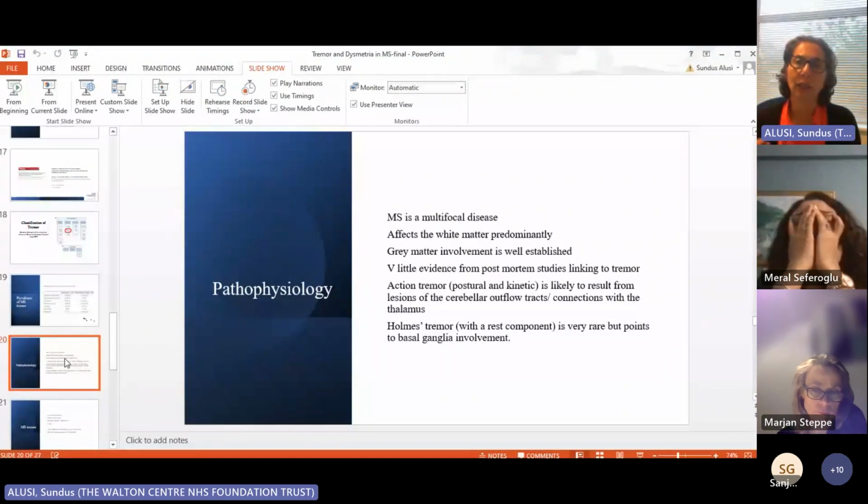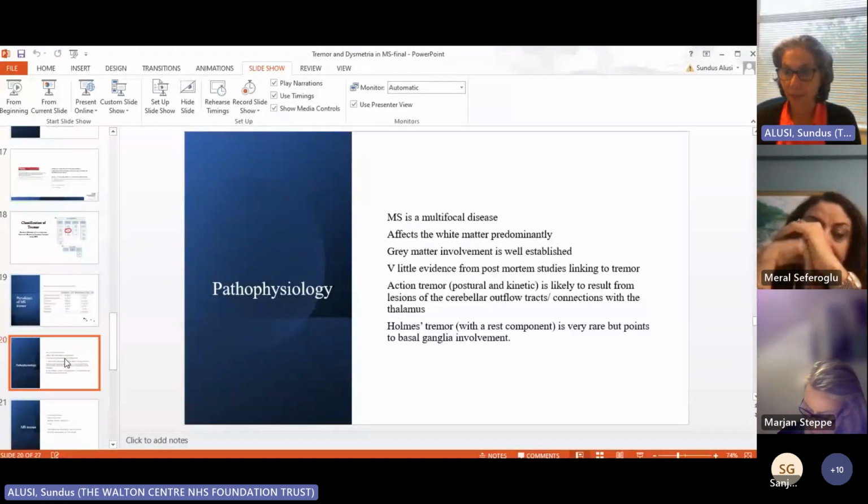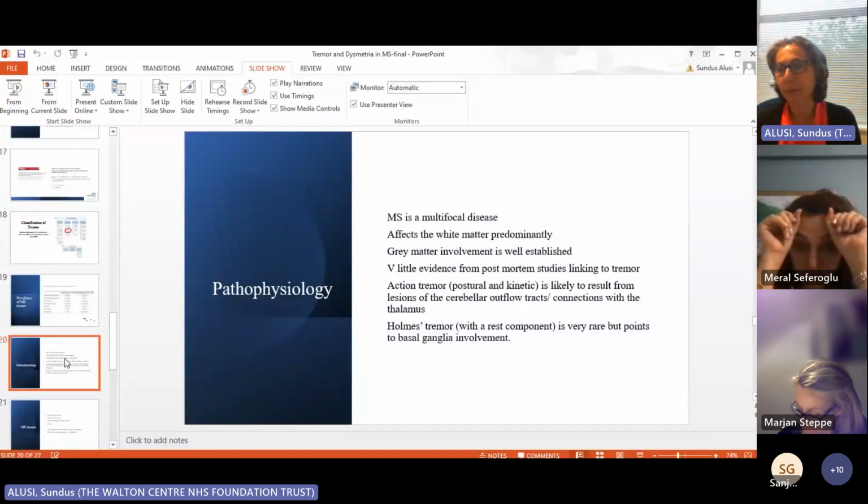Now we know that the afferents into the thalamus from the cerebellum are impaired in multiple sclerosis. So there is evidence that there is thalamic involvement in tremulous patients with multiple sclerosis.